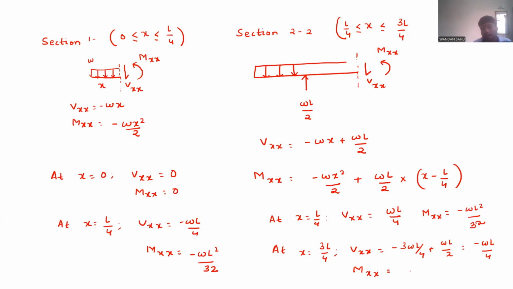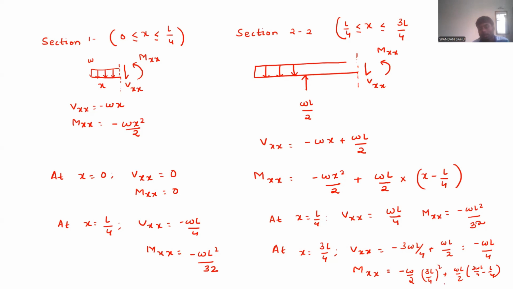So you will be getting minus W by 2 into 3L by 4 whole square plus WL by 2 into 3L by 4 minus L by 4.